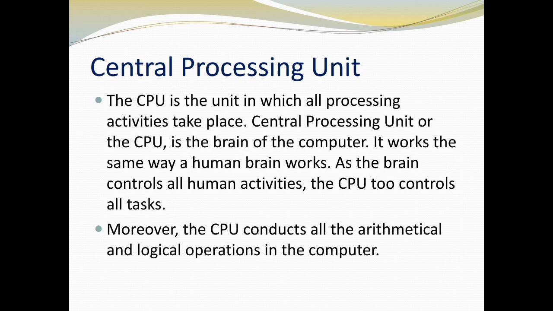The first one is the central processing unit, CPU. CPU is the unit in which all processing activities take place. So all activities take place in the CPU only. The CPU is called the brain of the computer, so it works the same way a human brain works.